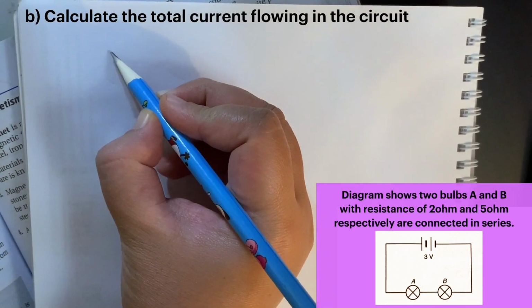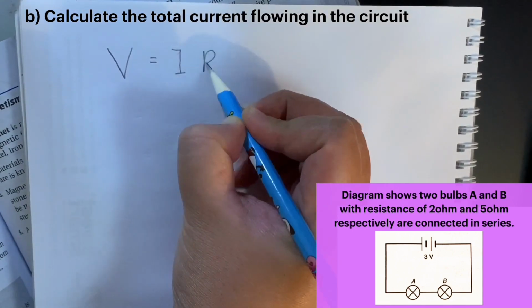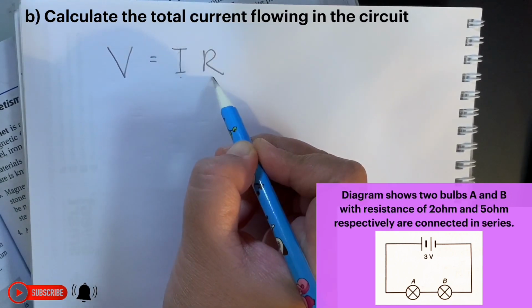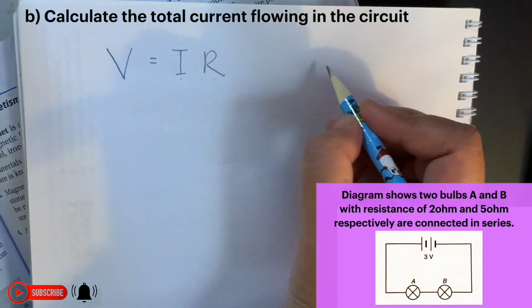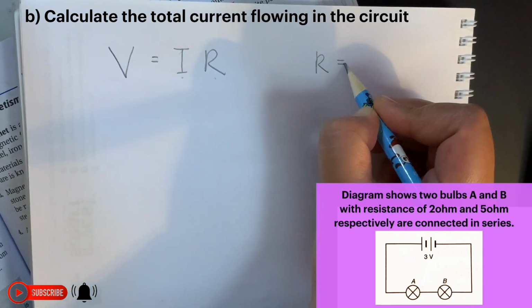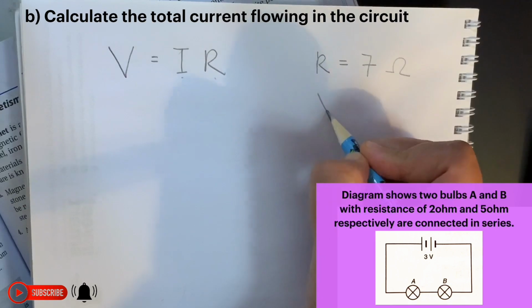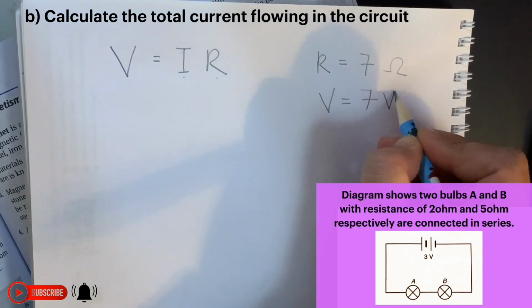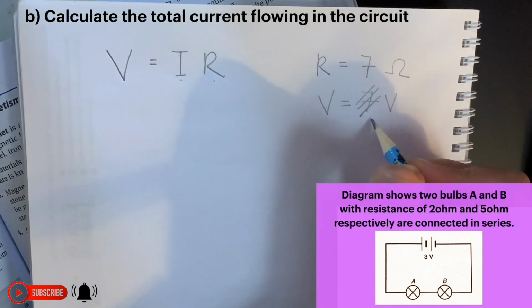From the Ohm's law, which is V equals IR, V for the voltage, I for the current, and R for the resistance. From the previous question, the value of effective resistance is known as 7 ohms, and the voltage value is also given as 3 volts.